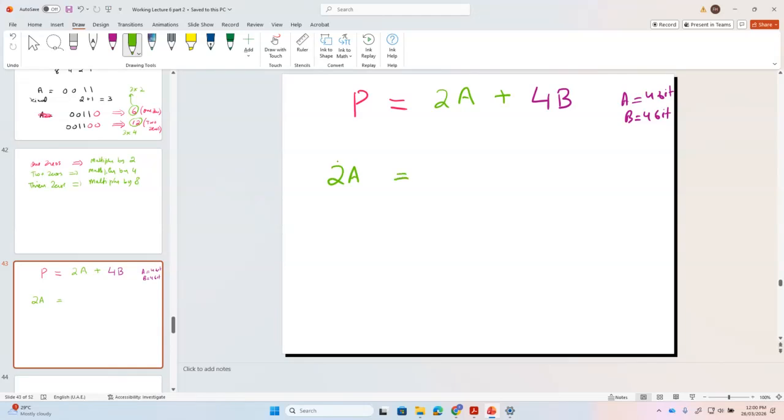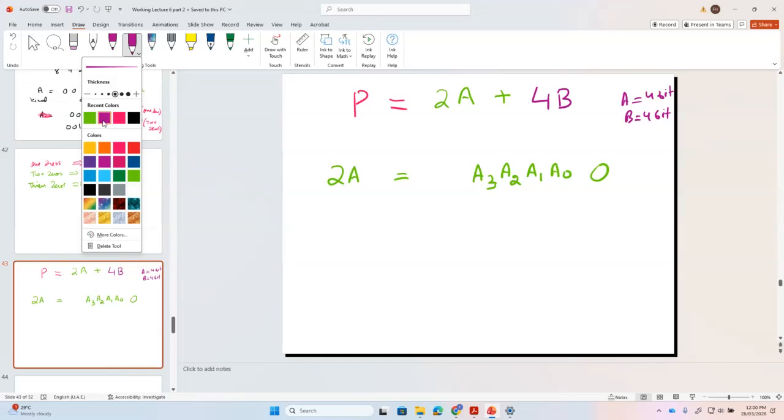Can you help me? We write A3, A2, A1, and A0. How many zeros should we put? One zero, so 1, 0. Now let's say we want to compute 4B.